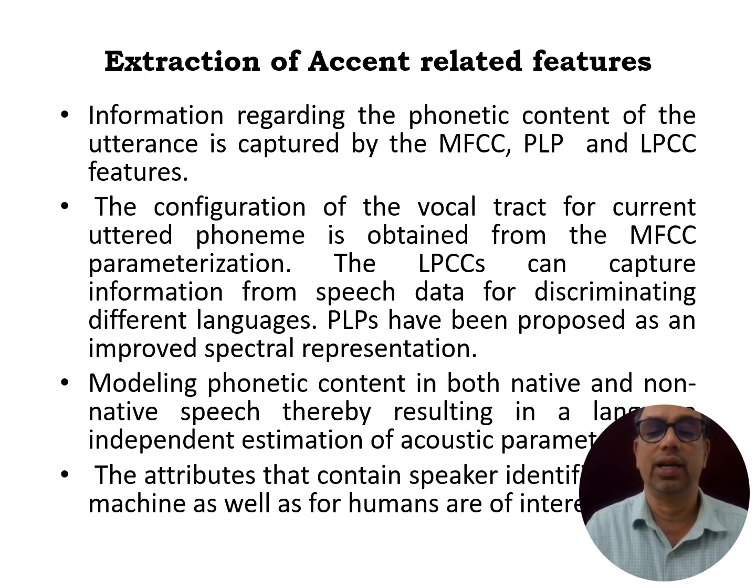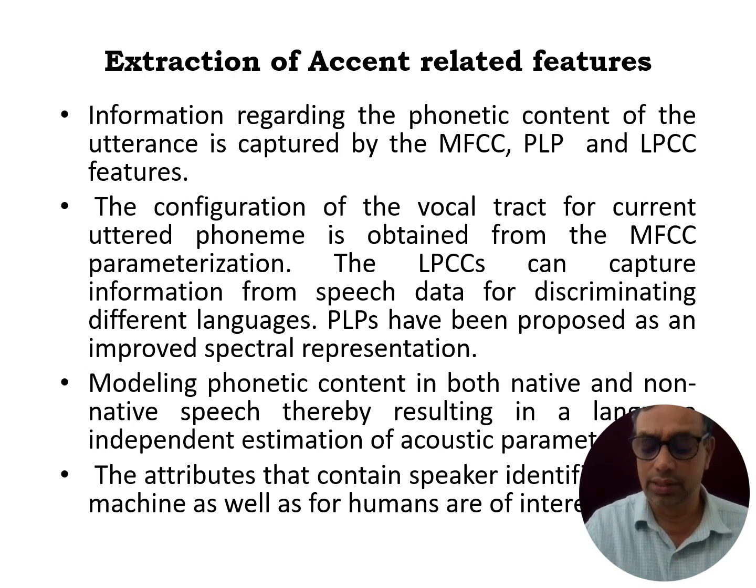Extraction of accent related features. Three different main features are MFCC, PLP and LPCC. MFCC is Mel frequency cepstral coefficients. PLP means perceptual linear prediction coefficients. LPCC means linear predictive cepstral coefficients.